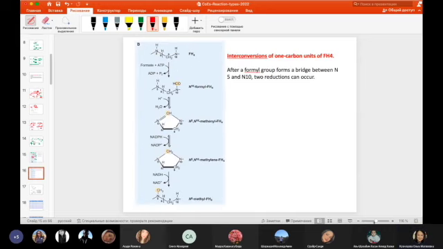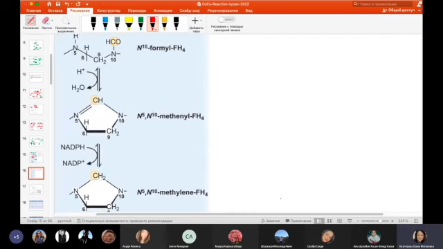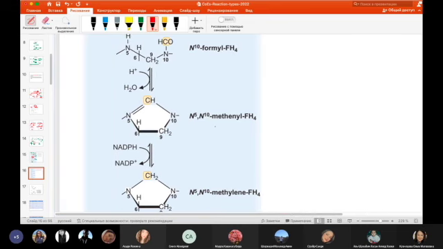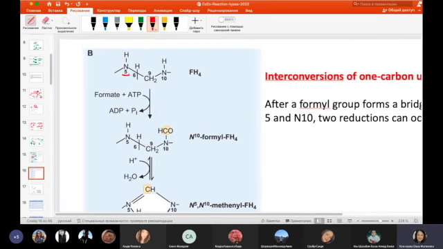Now, here you can see this fragment N5 and N10 of tetrahydrofolic acid. First form of the tetrahydrofolic acid is called N10 formyl tetrahydrofolate. N10 because formyl group, one carbon formyl group, is linked with N10 of tetrahydrofolic acid.